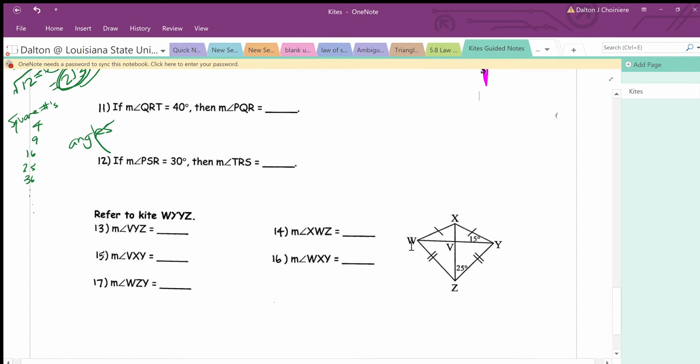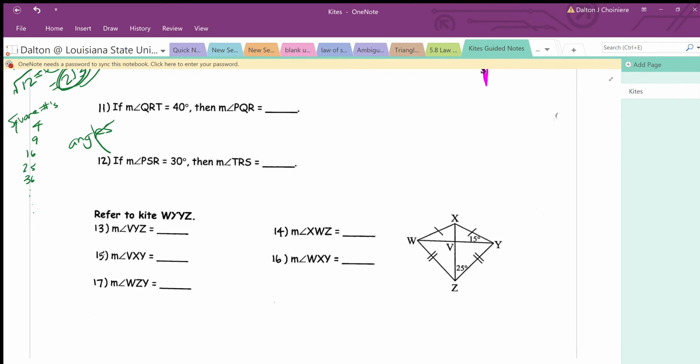13 through 17, all of this is dealing with angles, okay? WY is the long diagonal, so the, no it's not, just kidding. Here's how I know that. If it's kind of hard to see, is WY longer or the same distance as XZ?